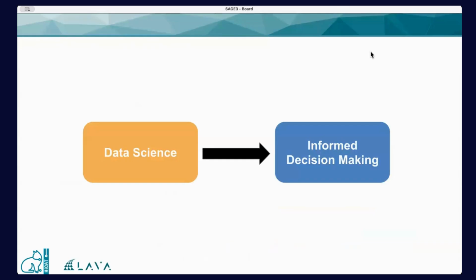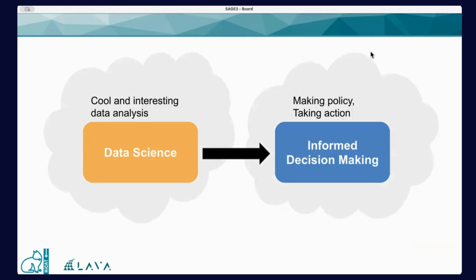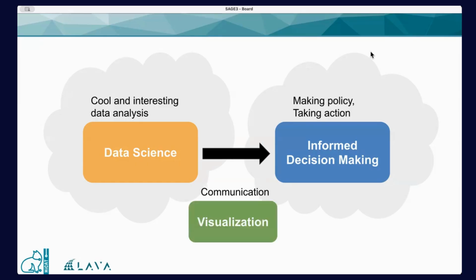So if you are the data scientists, your goal is to do all of this science, and your science is supposed to serve the purpose of helping people make a decision. You like to do the data analysis, but making policy and taking action is the good result of all this work, because people can actually benefit from it.